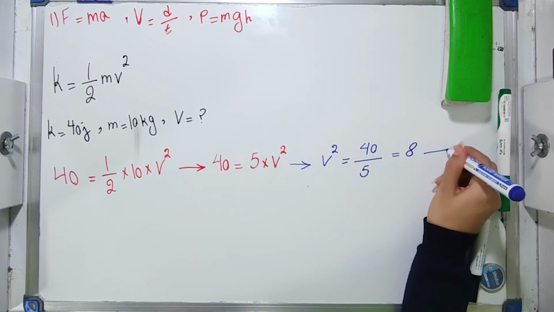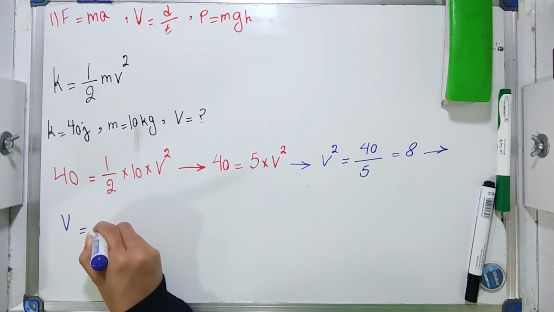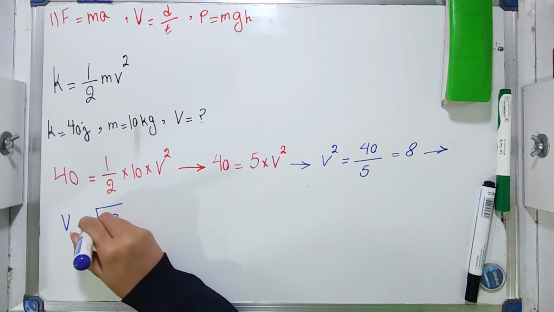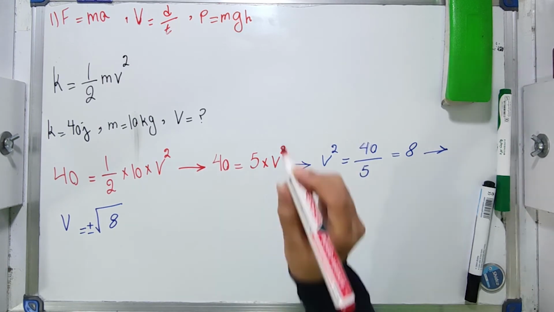So I have to take the square root, and when I take a square root, I have to put positive and negative both. And then according to the question you are solving, you have to decide which answer is correct, positive, negative, or both. So let me just add it here.